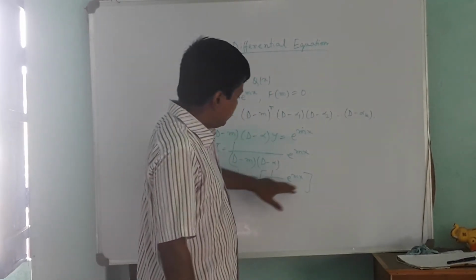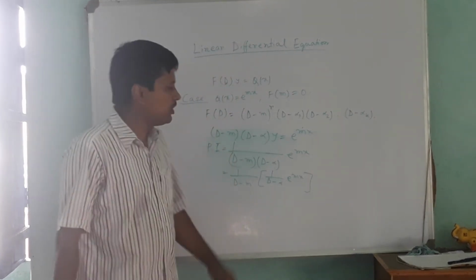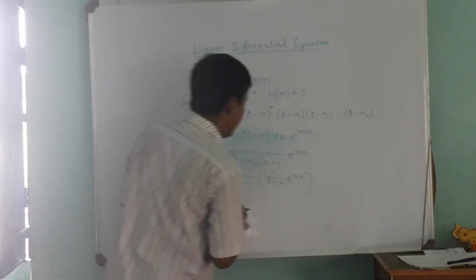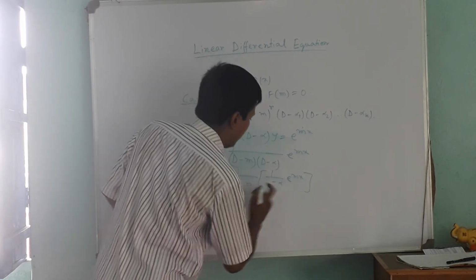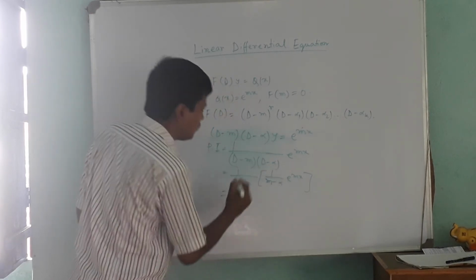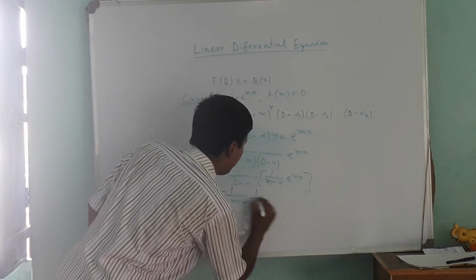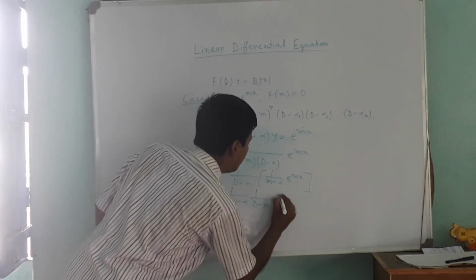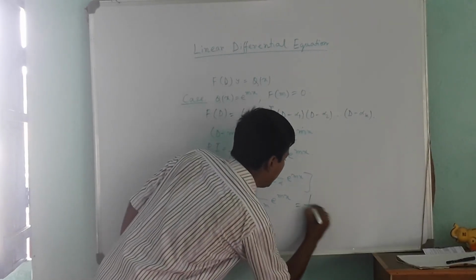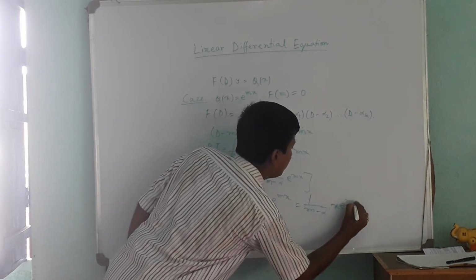Now here the denominator is not equal to 0, so we can put D = m. So we get 1/(m - alpha). It is a constant, so we can take it outside. So we get 1/(m - alpha) times 1/(D - m) e^(mx). So for this reason, we get the solution as 1/(m - alpha) x e^(mx).